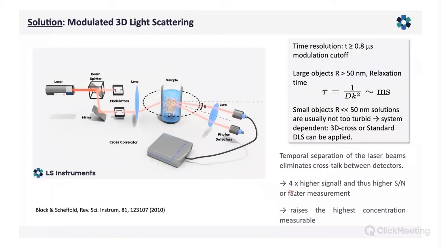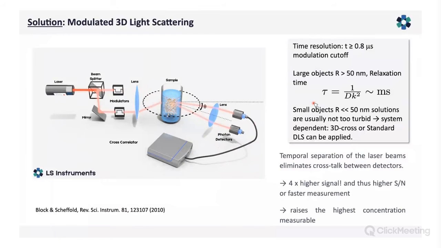There's one limitation, or cutoff, due to the speed of the modulators, currently 0.8 microseconds. This is very fast, which means that the modulators switch back and forth faster than 1 megahertz, 1 million times per second. This is not really a problem because large objects lead to relaxations on the millisecond scale, and very small objects like proteins would decay a bit faster.